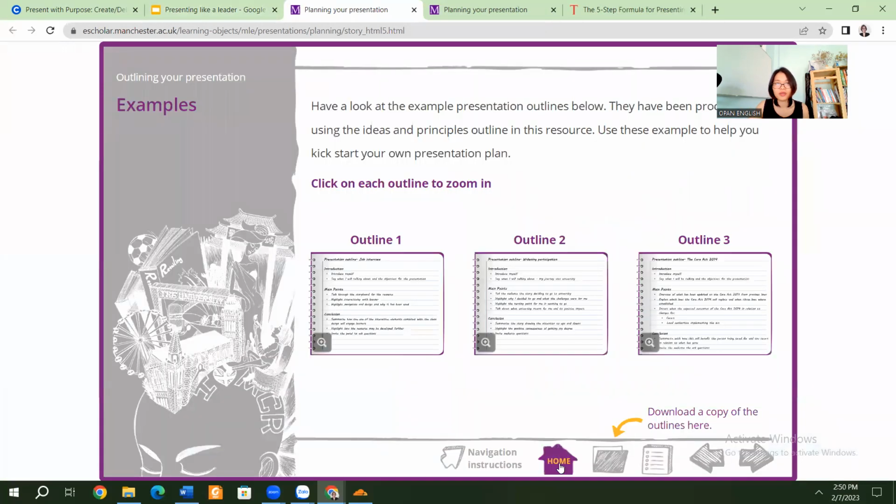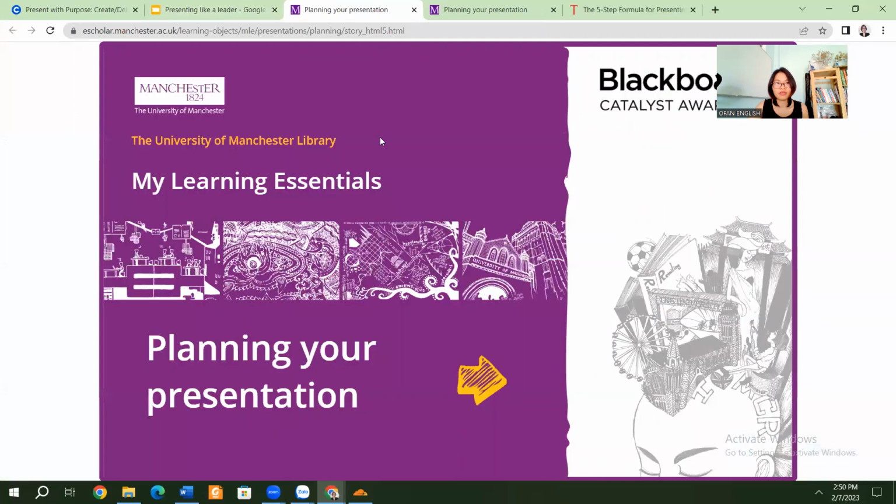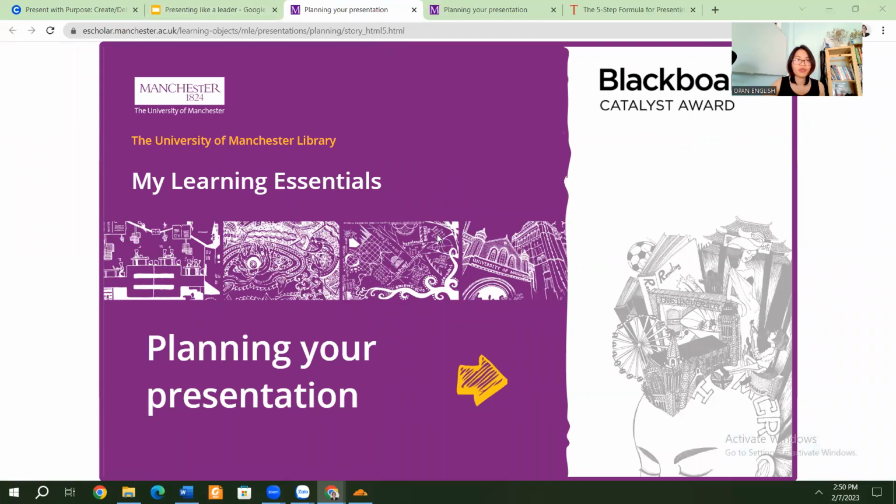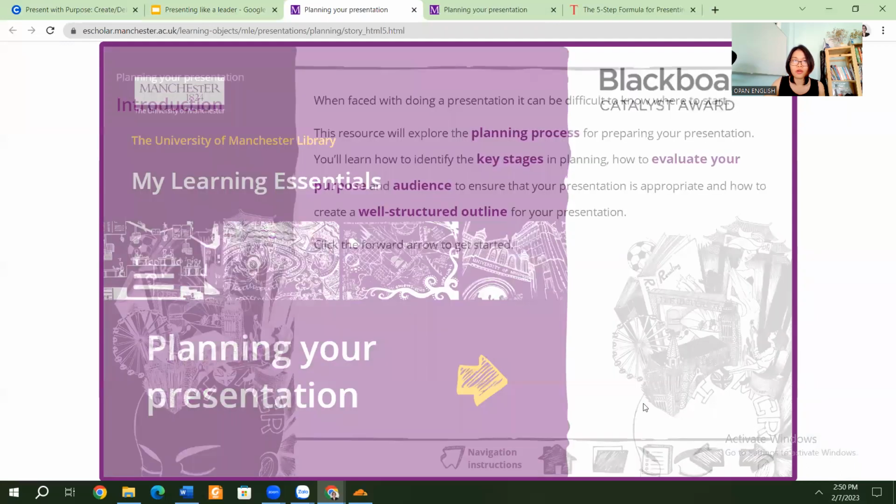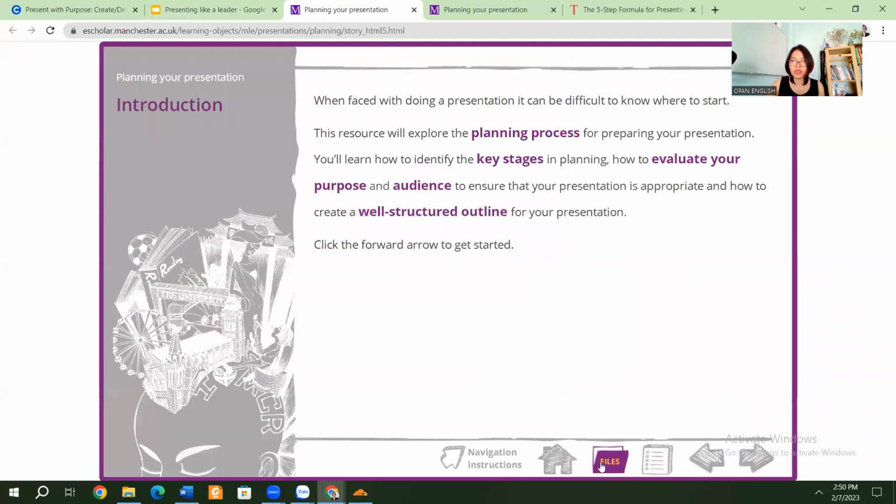I learned this from the University of Manchester Library. We also have some activities for my students to test their learning outcomes.